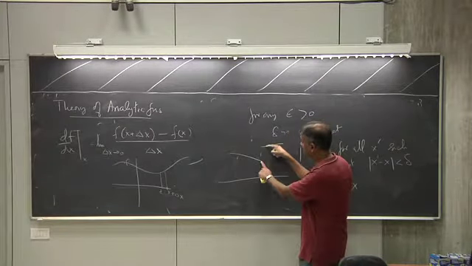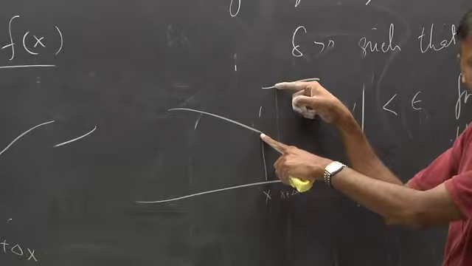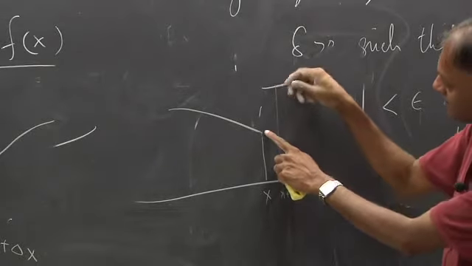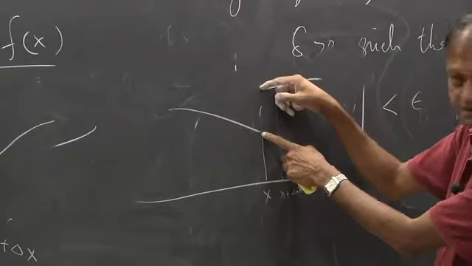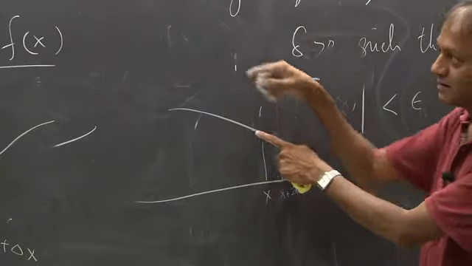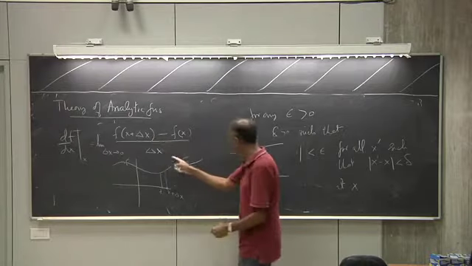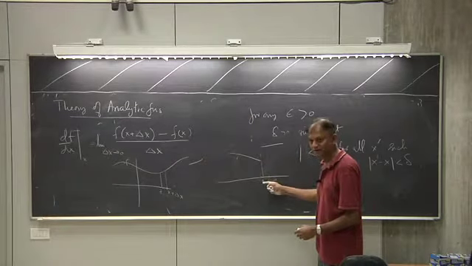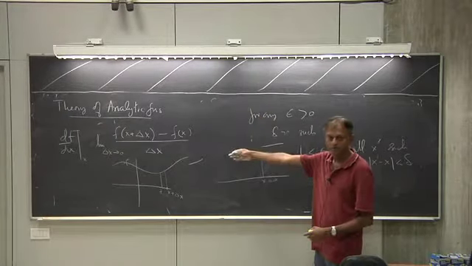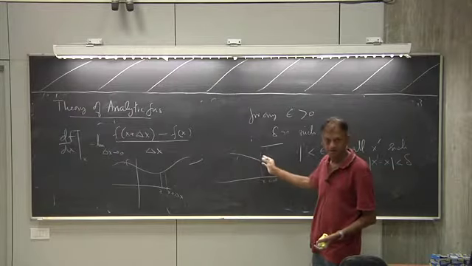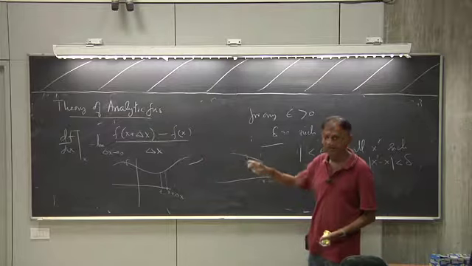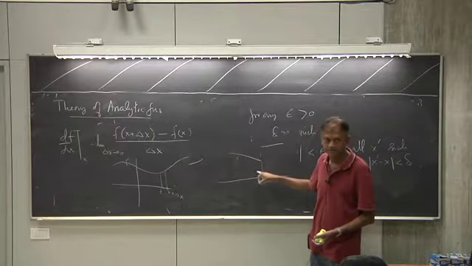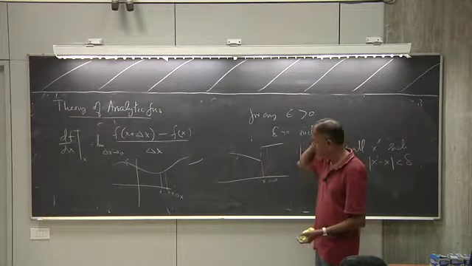The difference between this and this is some finite number. No matter how small you take delta x, this difference is finite. So the numerator is finite, but the denominator is going to 0. Something finite divided by 0 will become infinite, right? So this will not exist. In this case, the limit does not exist, and you say that this function is not differentiable here.